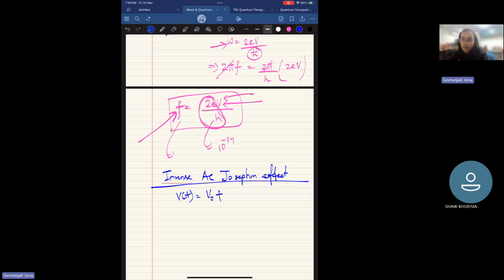You can see here, starting from DC to inverse AC, we are gradually changing the voltage from 0 to a constant value. Now we are adding the time varying part. Okay. So for this one, we have the condition that V0 should be much greater than nu. This is the DC voltage and this part is the AC voltage.